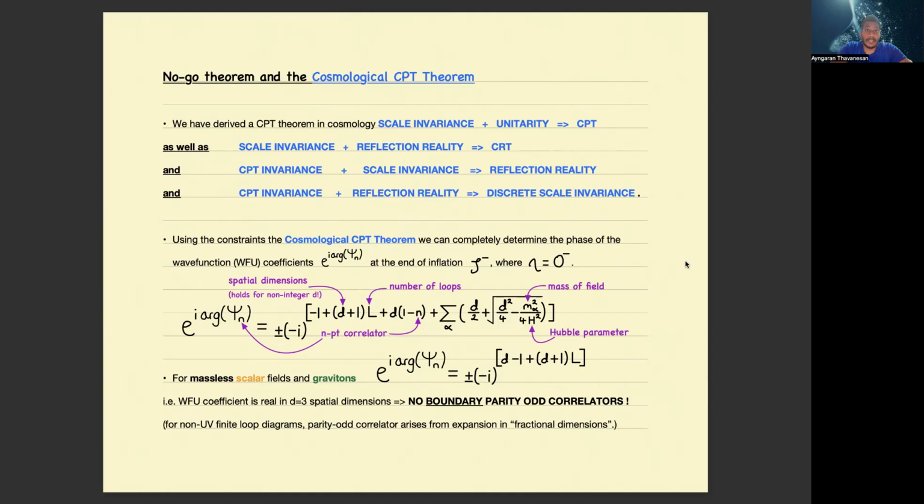So the only way to get parity odd correlators is from either IR or UV divergences, where IR divergences just mean that we don't go all the way to the boundary and finish inflation at some finite time. And UV divergences essentially lead to an expansion in fractional dimensions or a renormalization of the mass of the fields.